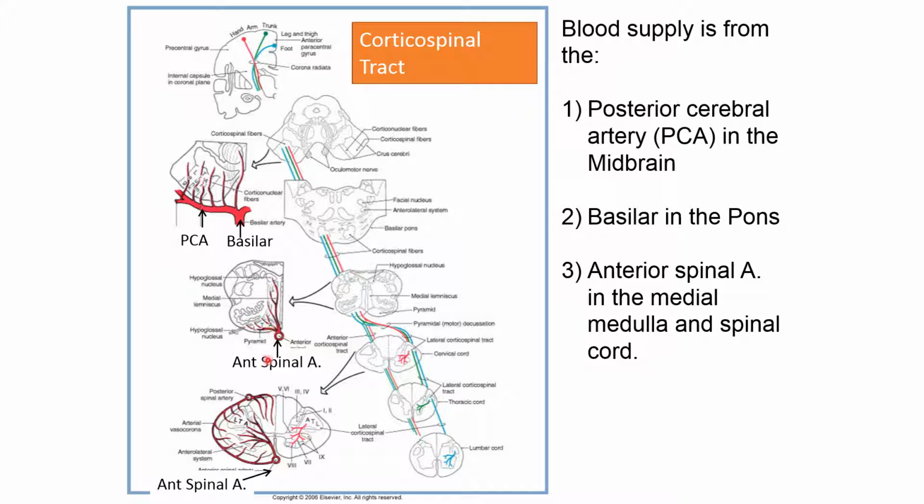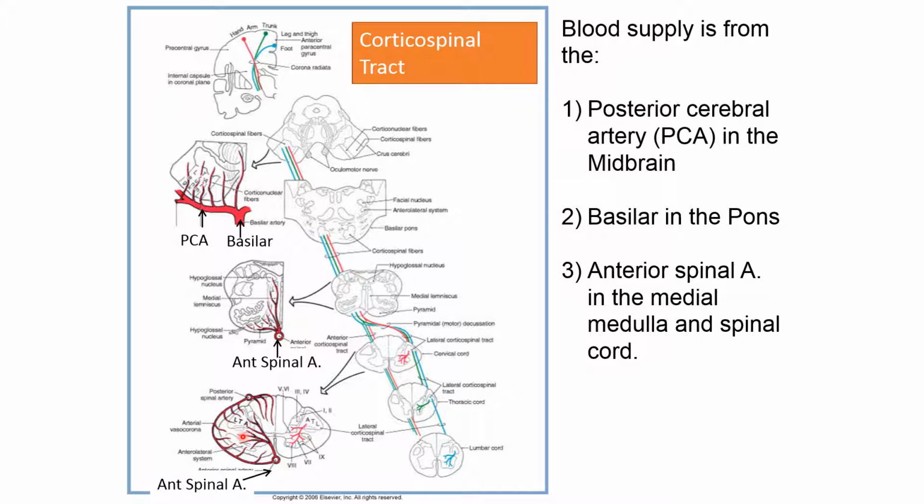As we move down into the spinal cord, we see that the anterior spinal artery also feeds the corticospinal tract within the spinal cord, and in fact feeds a large portion of the lateral and ventral portion of the spinal cord, including this corticospinal tract.